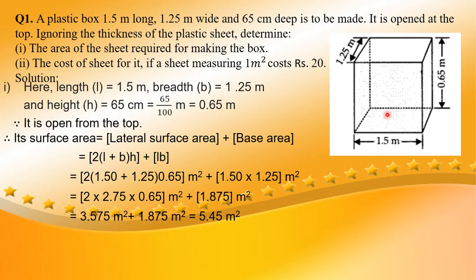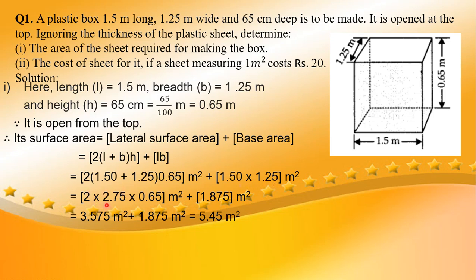Base area: now let's take the base. The base is a rectangle where 1.5 meter is the length and 1.25 meter is the breadth. So the area of the base is the area of the rectangle, L into B. Now put the values: 2 times (1.50 plus 1.25) into 0.65 meter square, and for the area of the base, 1.50 is the length and 1.25 meter is the breadth.